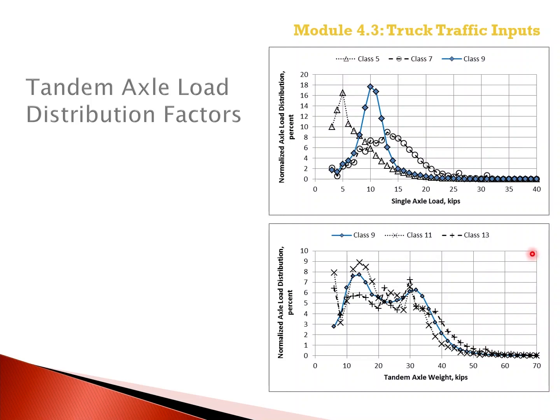So as displayed, there are many input variables of axle weight to determine the impact of trucks on pavement performance. And we'll come back to these axle weight distributions in terms of their importance and what a user should look for later in this module.